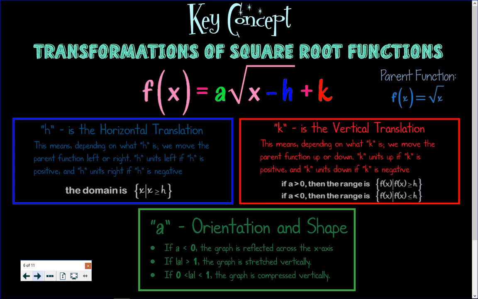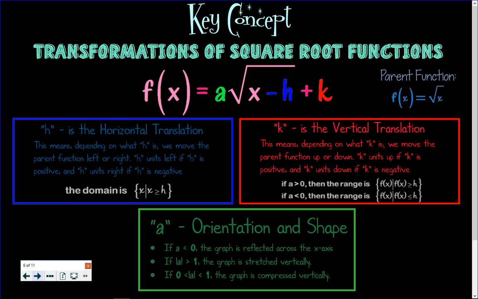If A is greater than 1, the graph is stretched out vertically. That's what we just said. If A is in between 0 and 1, that means the number is lower, but it doesn't quite go past negative. Then the graph squashes down and gets flatter.